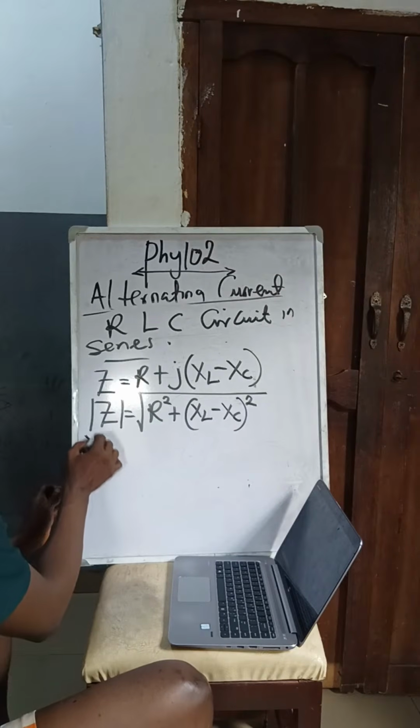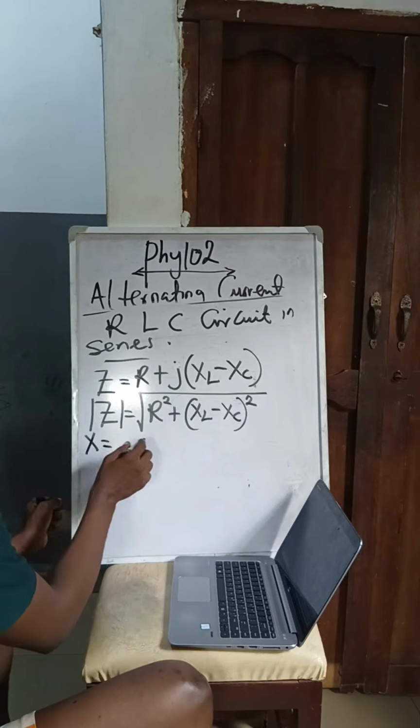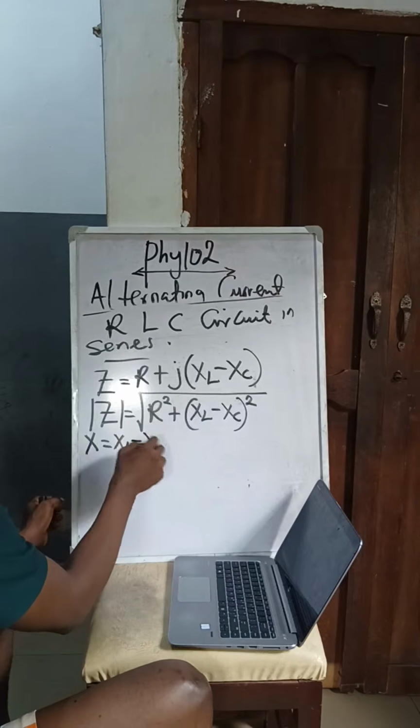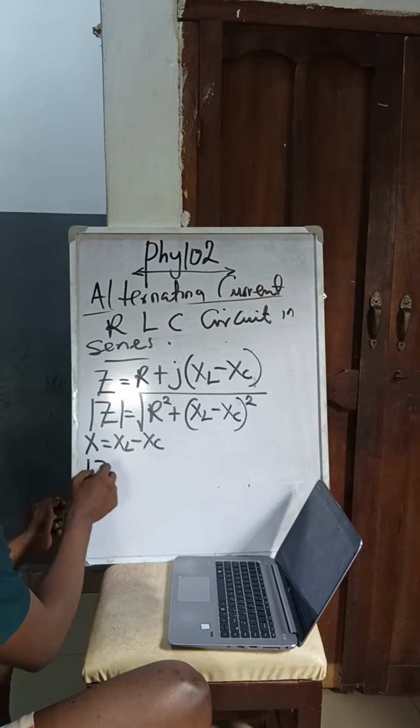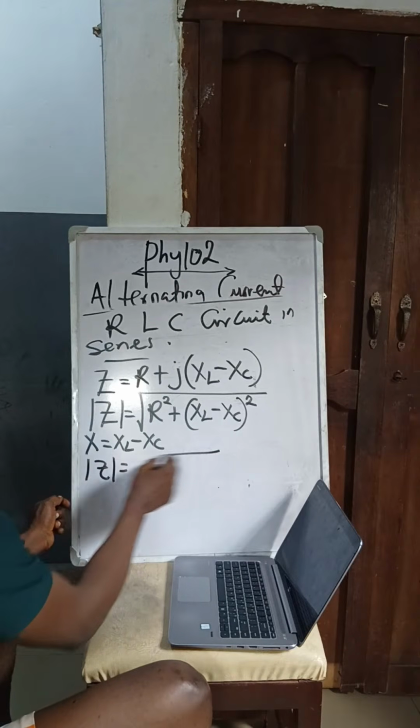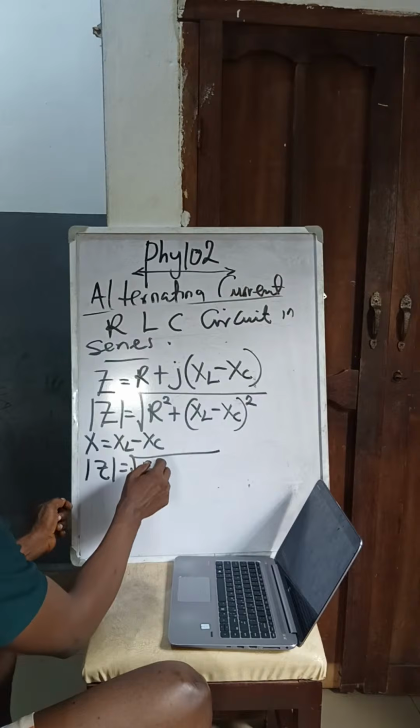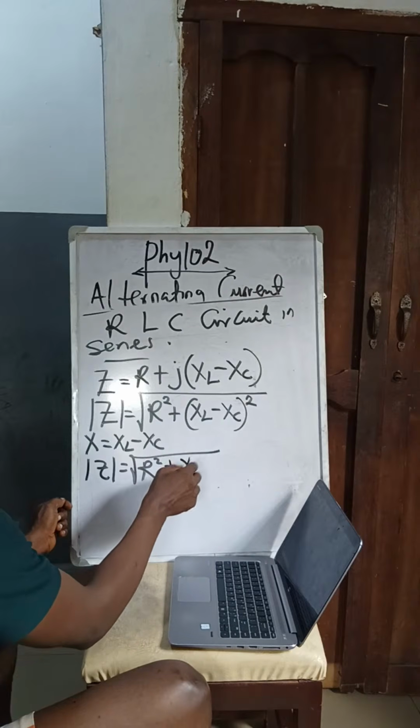We can call XL minus XC as X, so that we have the square root of R squared plus X squared.